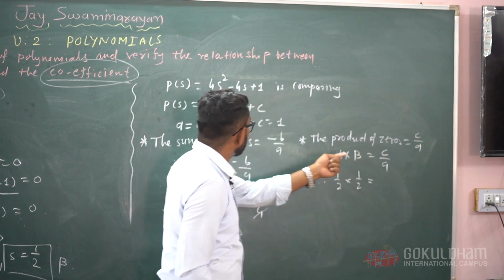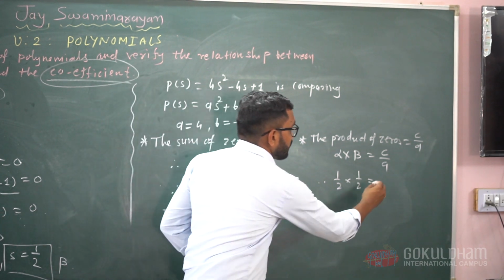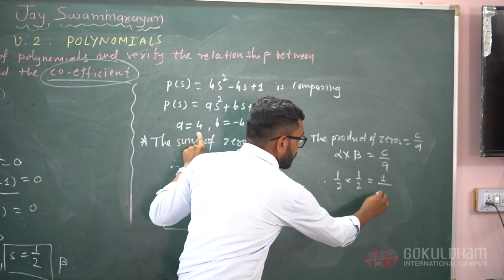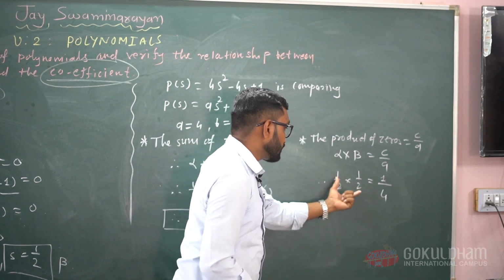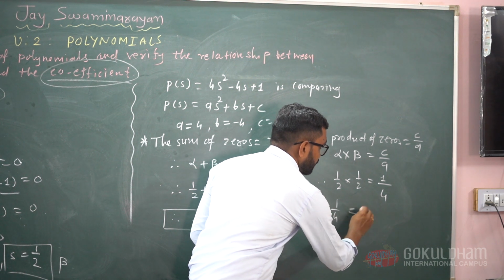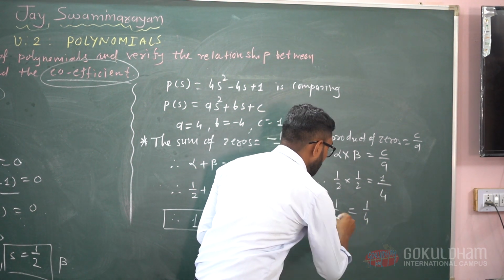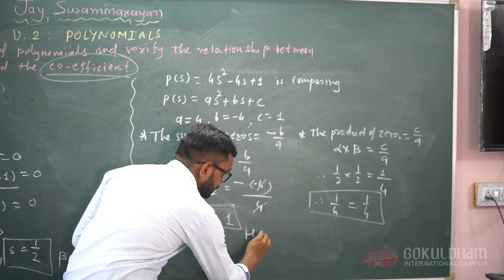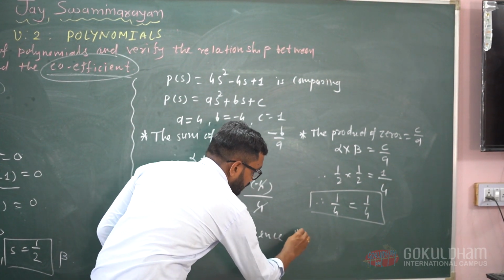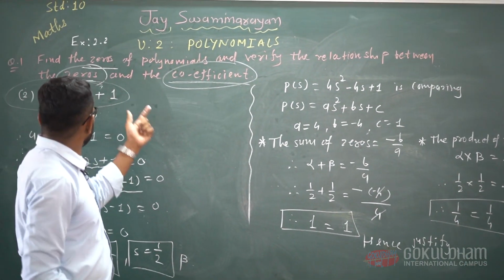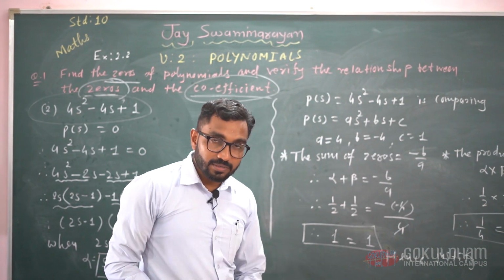The value of c, the constant term, is 1, and a equal to 4. 1 by 2 into 1 by 2 means 1 by 4, equal to 1 by 4. Both values are the same. Hence justified.